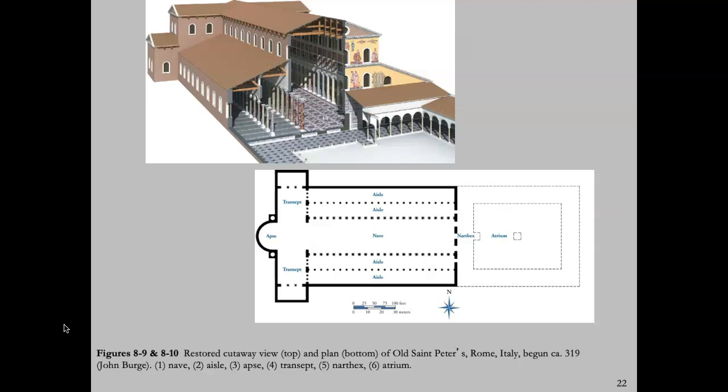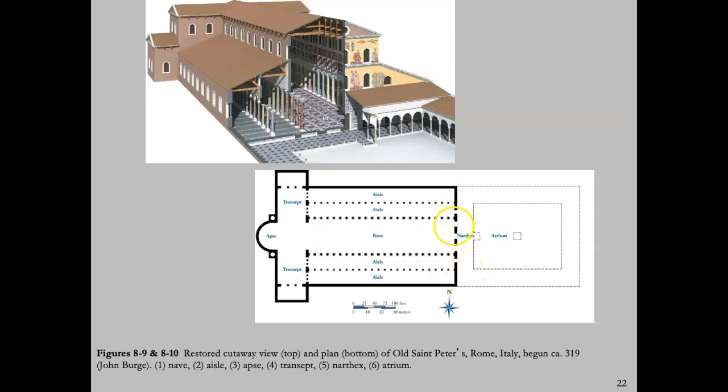As you can see, it is a rectangular plan, and the plan consists of a couple of main ingredients that will persist through church architecture of the basilica plan. You enter through an atrium, which is an open, colonnaded courtyard. You walk in through a narthex, which is essentially a porched area.